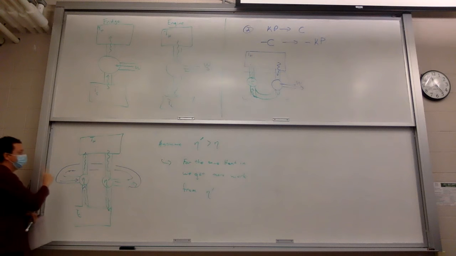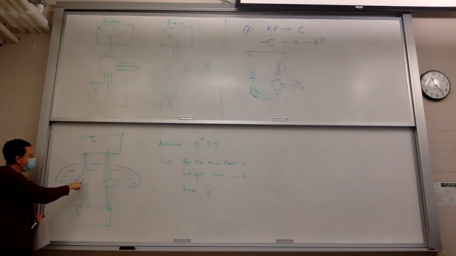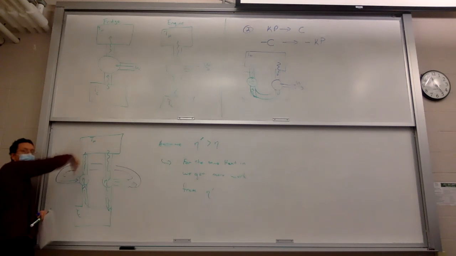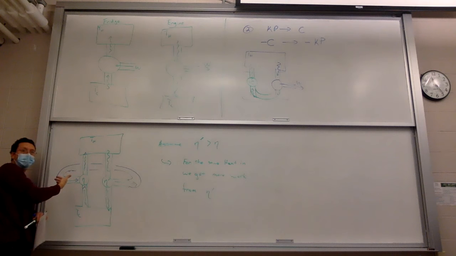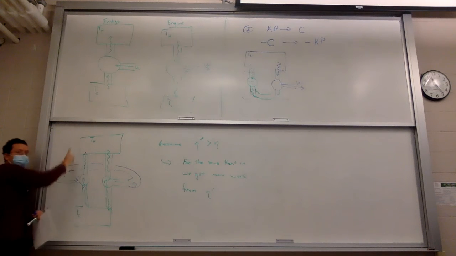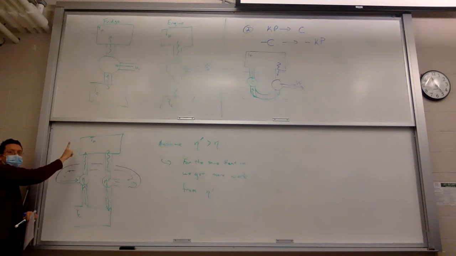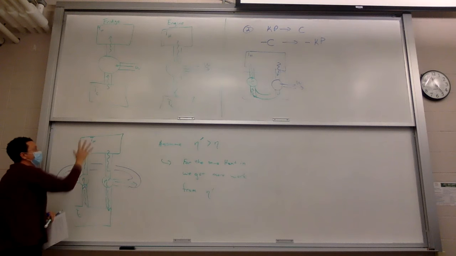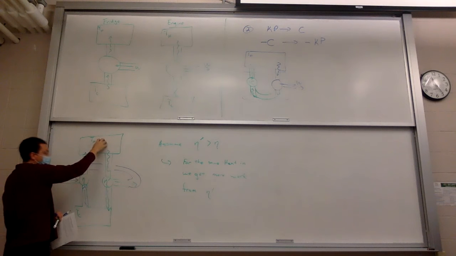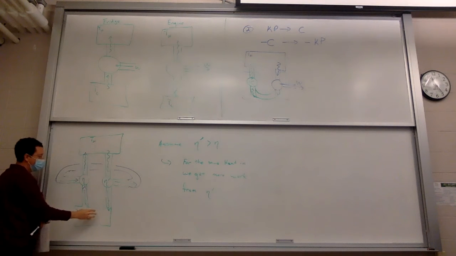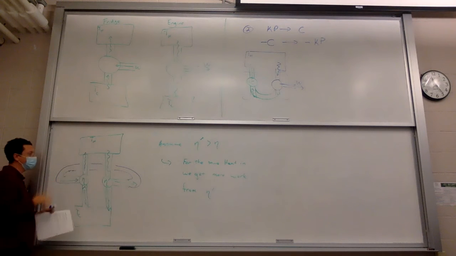Because this one was less efficient as an engine, to get the same work out, you had to put more heat into it. When I reverse it, you have more exhaust, and therefore overall you have more heat going into the hot reservoir, and heat being extracted from the cold reservoir.